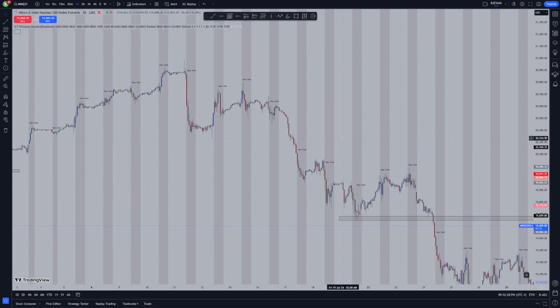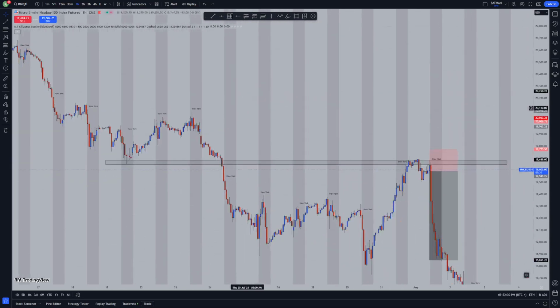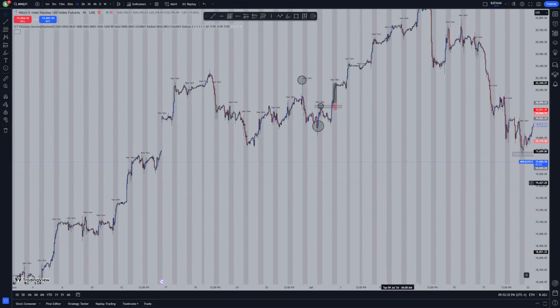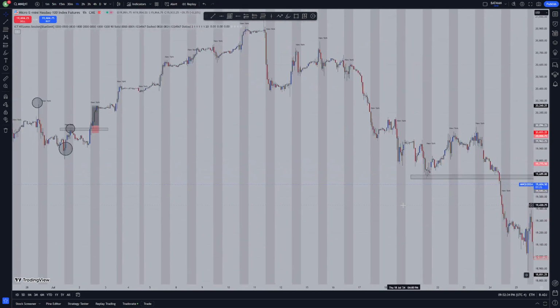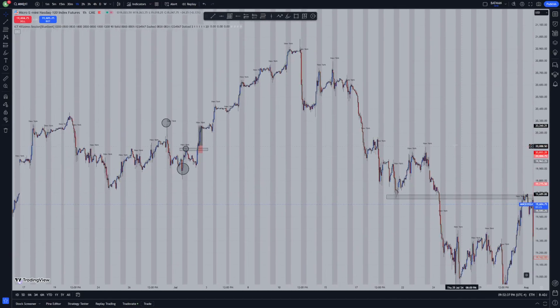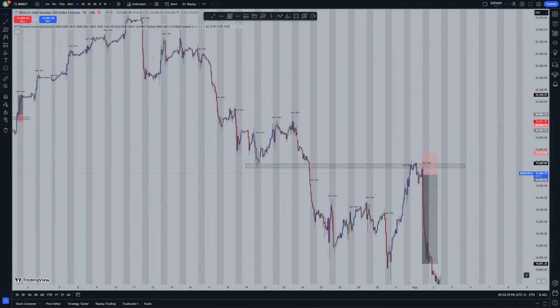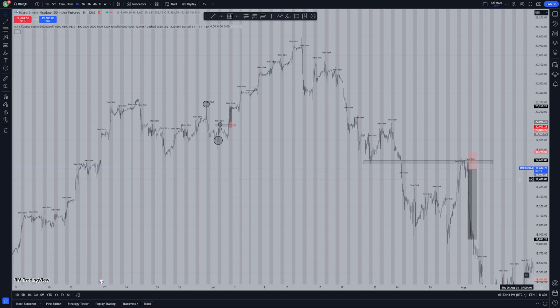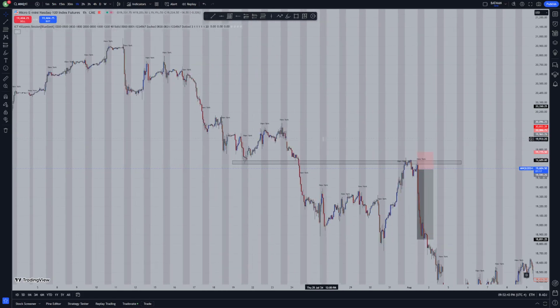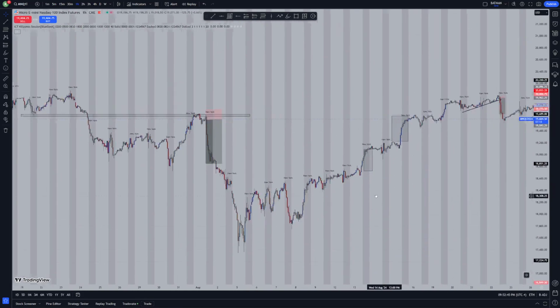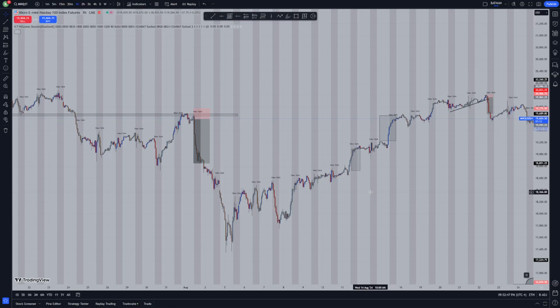But if you're scalping, it's pretty much the same thing. If you're scalping, you know what I mean. Obviously, there's going to be entries that you must know and confirm first before you actually trade it, right? So this is how I pretty much understand the market.